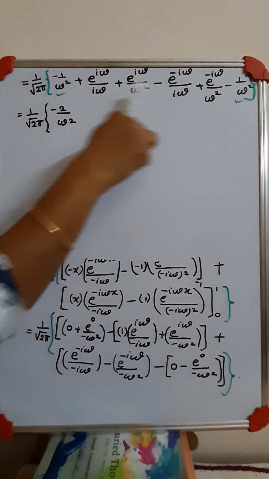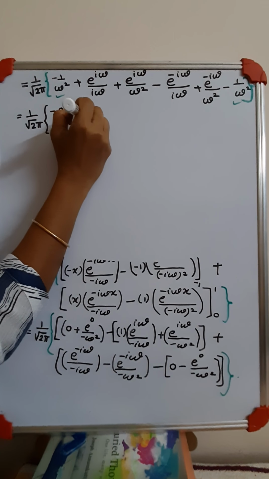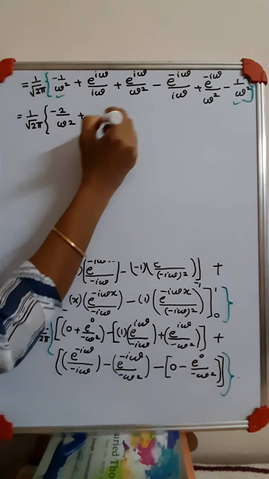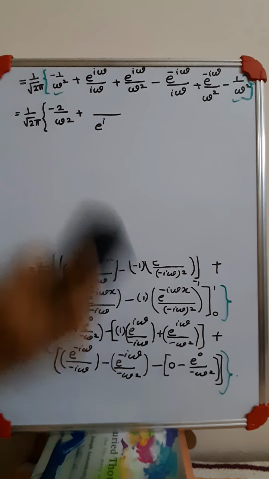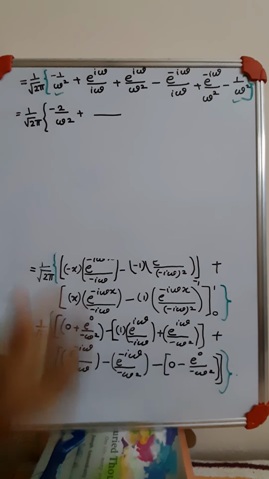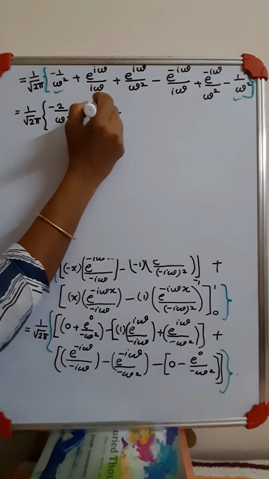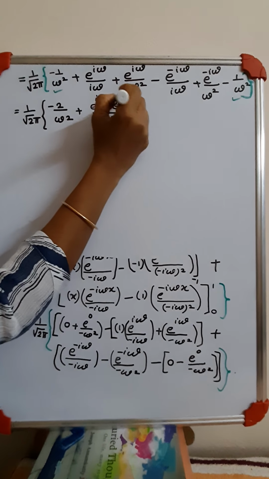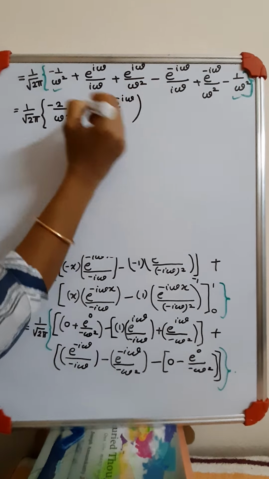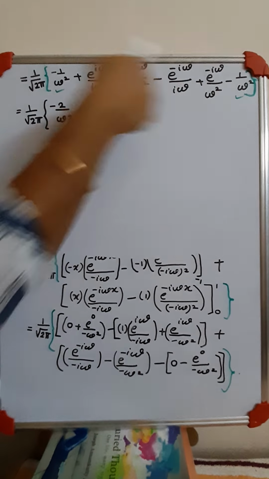We take the denominator term I omega, and write the numerator as e raised to I omega minus e raised to minus I omega. This is the combination of these two terms.